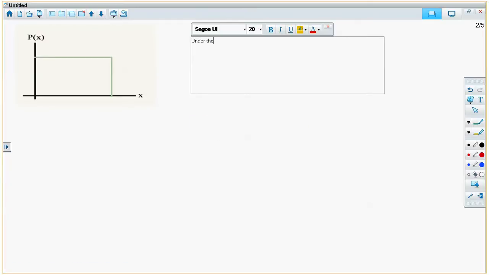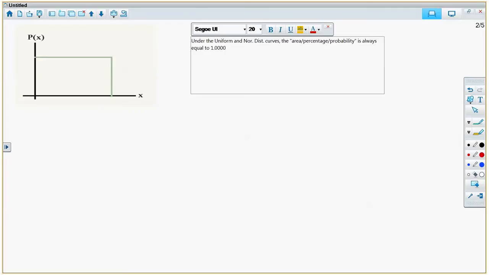Under the uniform and normal distribution curves, I'm going to put this in quotation marks, area slash percentage slash probability is always equal to what number? 1. 1.0000.